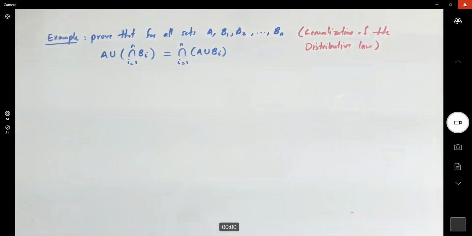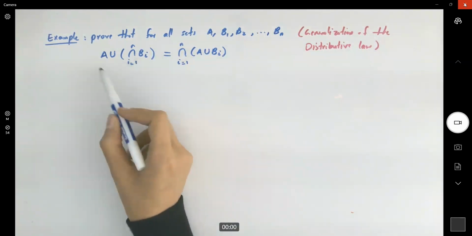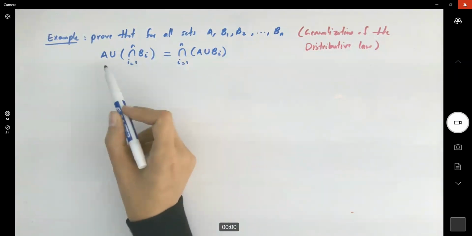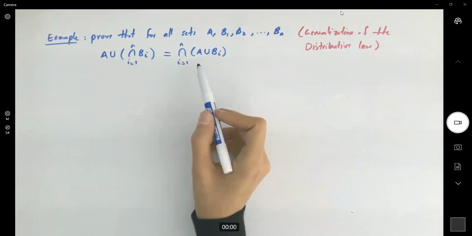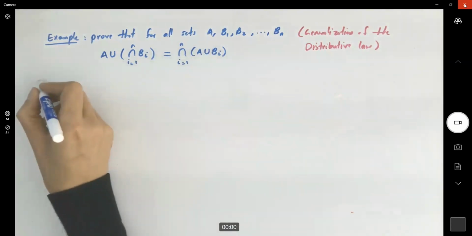Let us begin. We need to show that the left-hand side is a subset of the right-hand side, and the right-hand side is a subset of the left-hand side. So proof.